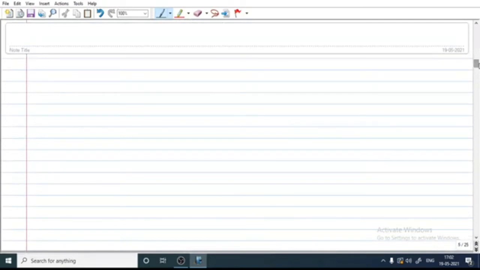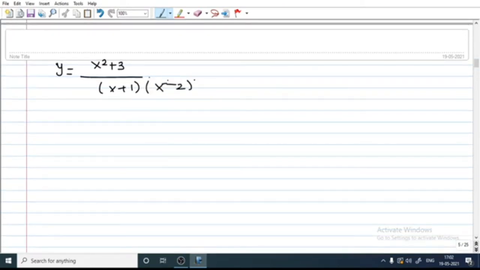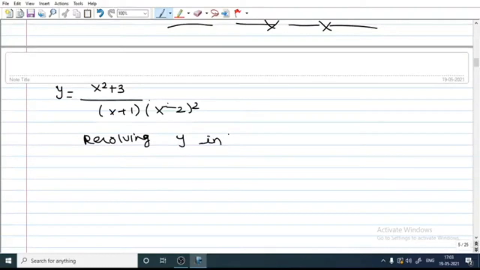So let's write the question. The question is given: y equals x square plus 3 into x plus 1 into x minus 2 the whole square. So what we can do is resolve y into its partial fractions.